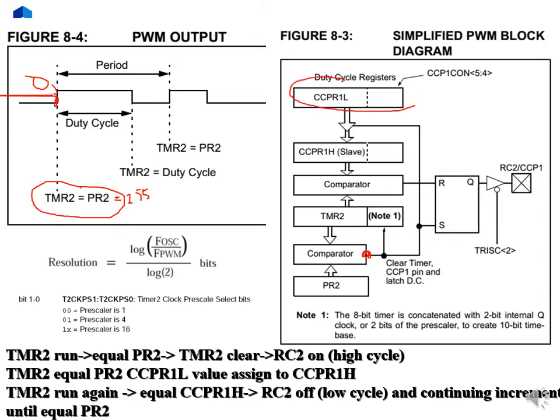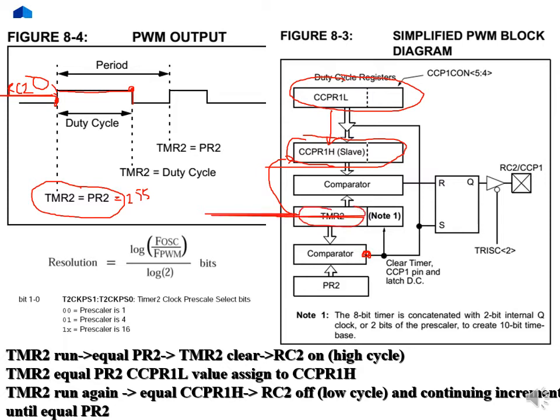When Timer2 equals PR2 here, the comparator will load the value from this register to this register. Then Timer2 will increase until it equals CCPR1H here. So it will increase until it equals this register, and when it equals this register, the pin RC2 here will become low.